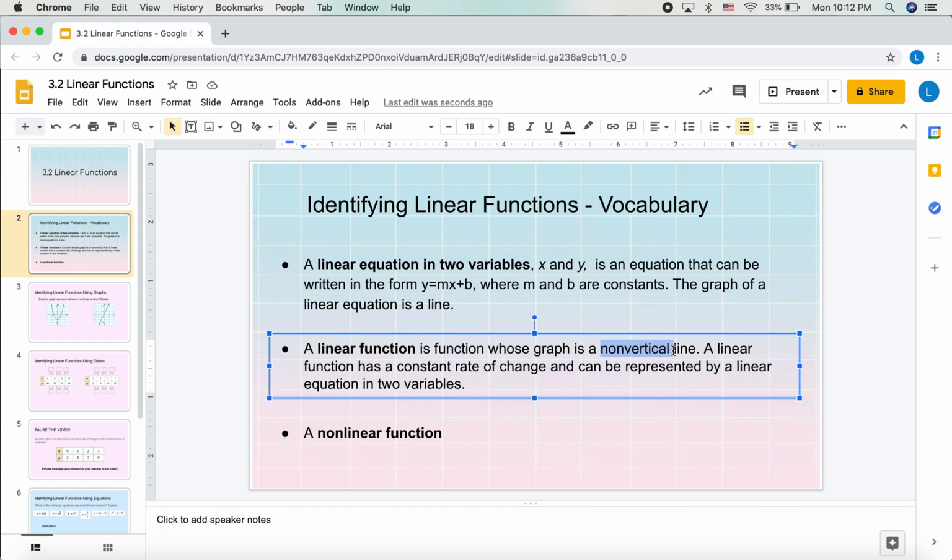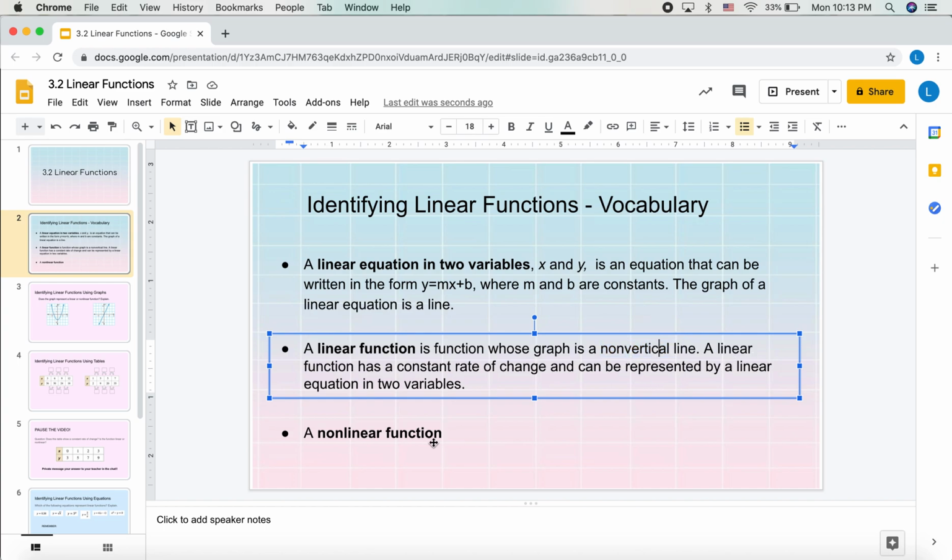Again, it is important to know that it is a non-vertical line, because if you recall what a function is, it's when one input has exactly one output. Now, if we draw a vertical line, that automatically tells us that one input will have many outputs along that vertical line, which will no longer be a function. So it's important to remember that a linear function is a non-vertical line.